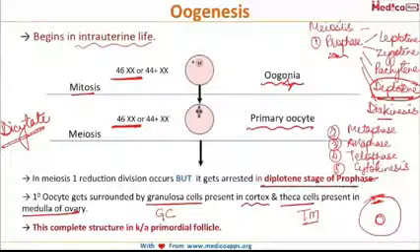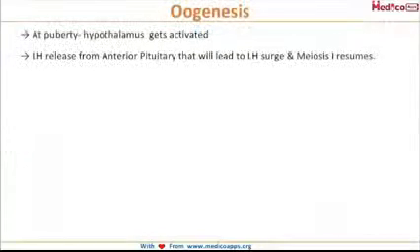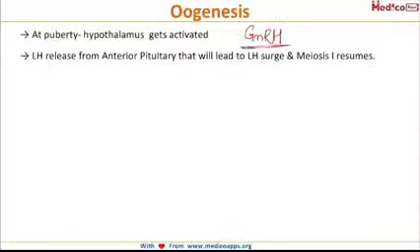Now this primary oocyte, as we said, till puberty remains arrested in the diplotene stage of prophase. So what happens at puberty? At puberty, the hypothalamus gets activated. Now this hypothalamus releases a hormone GnRH, that is the gonadotropin releasing hormone, in a pulsatile fashion. Now this GnRH acts on the anterior pituitary and it leads to the release of two hormones, LH and FSH.